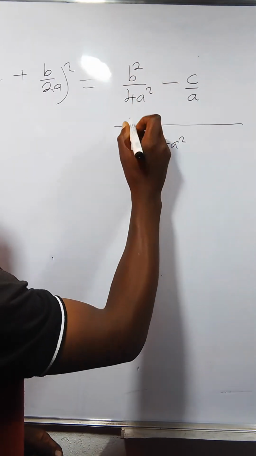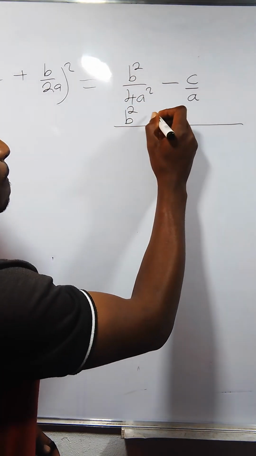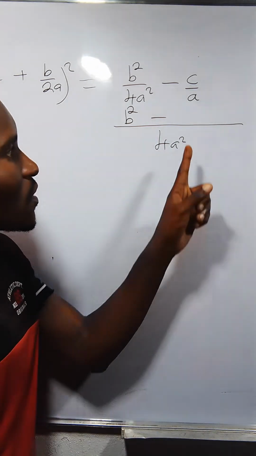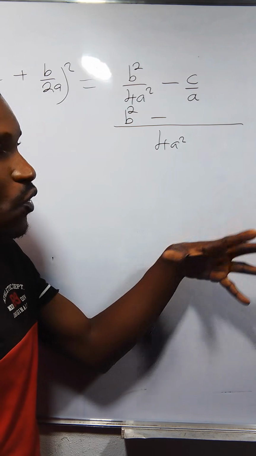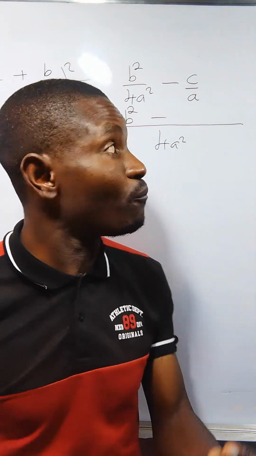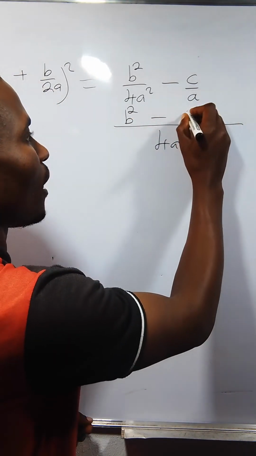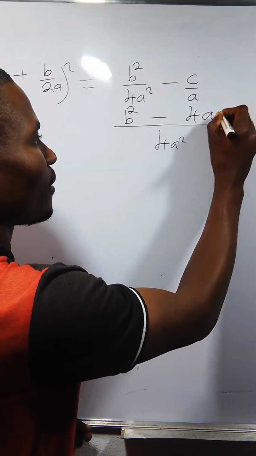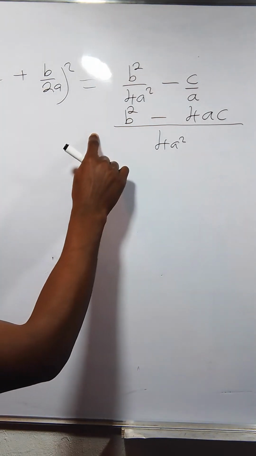Then 1 multiplied by b squared is going to give us b squared. Then minus, so a into 4a squared, we just remain with 4a. Now that 4a multiplied by c, we are going to have 4ac.